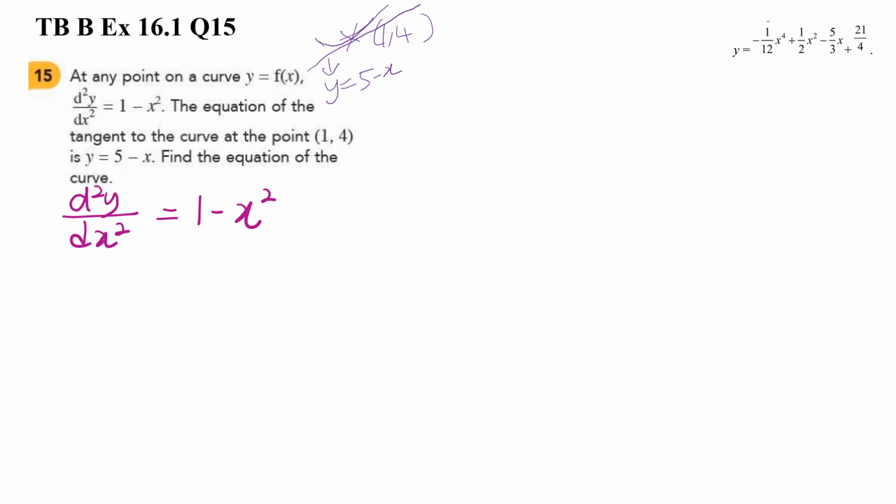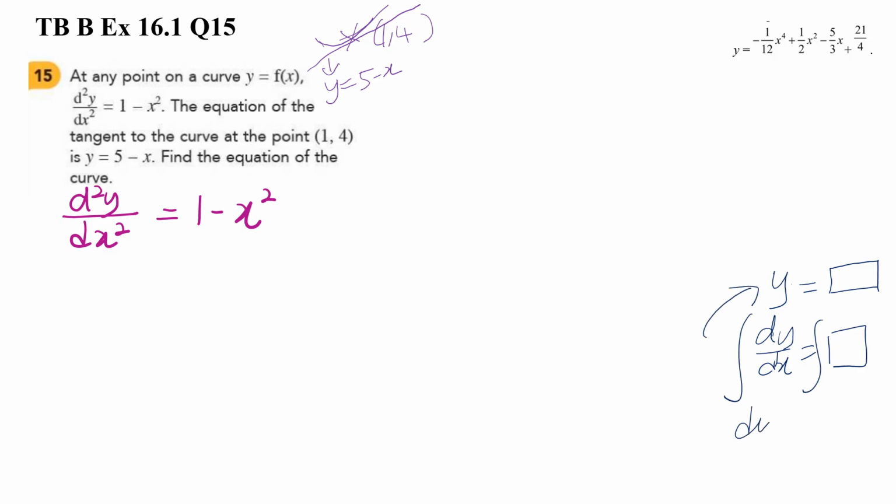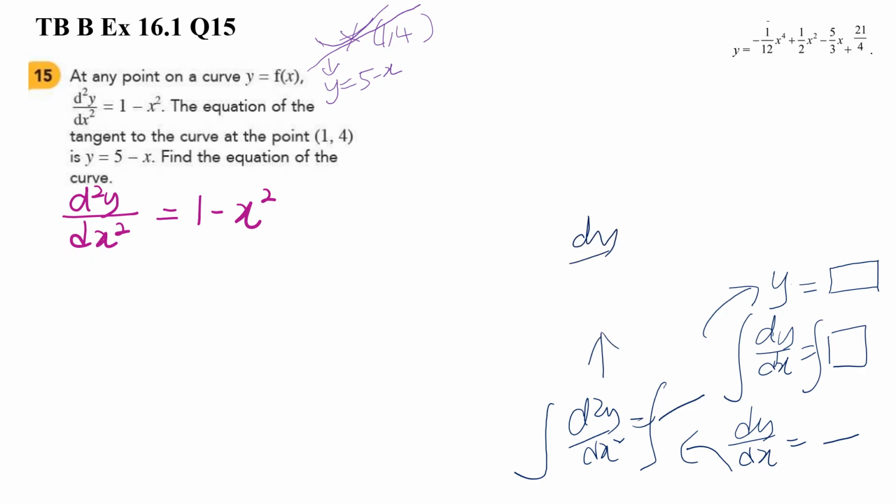So always remember that integration is the opposite of differentiation. If you're given y equals something, when you differentiate it, you get dy over dx equals something. So when I integrate it, I'll get back my y plus c. If I'm given dy over dx equals something, I differentiate it, I'll get d2y over dx squared equals something. If I reverse the process, that means if I integrate your d2y over dx squared, what you're getting is your dy over dx plus c.